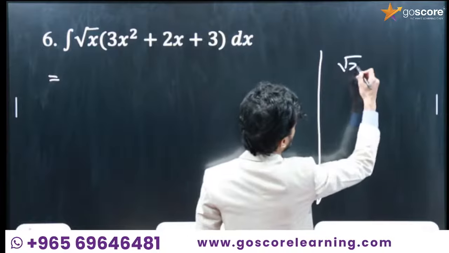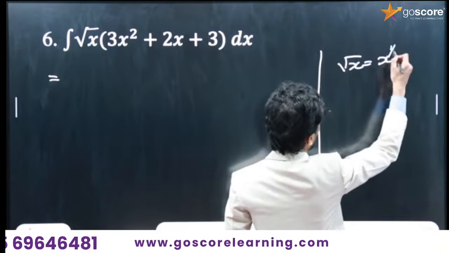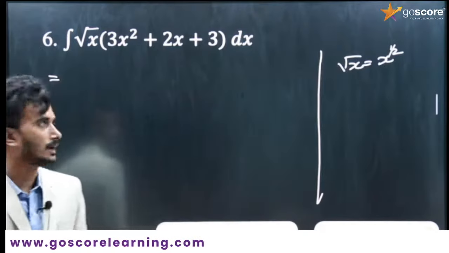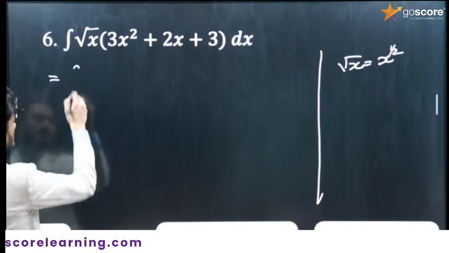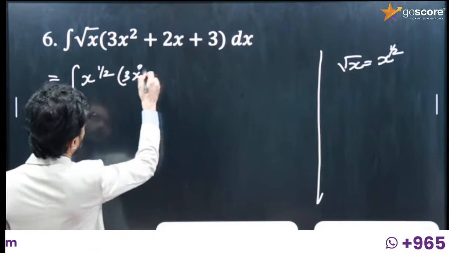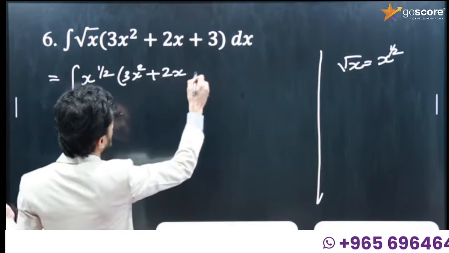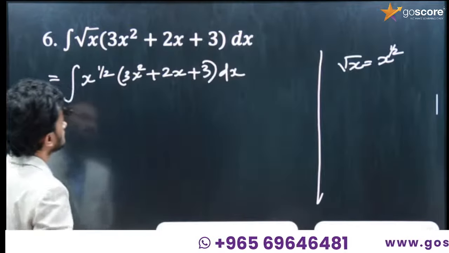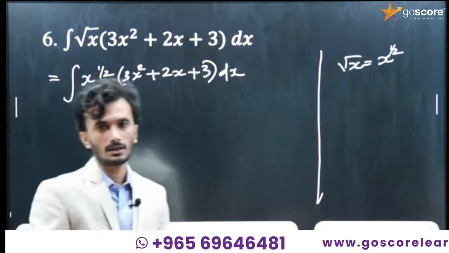Root x we can write as x raised to 1 by 2. So it is the integral of x raised to 1 by 2 into 3x square plus 2x plus 3 dx.